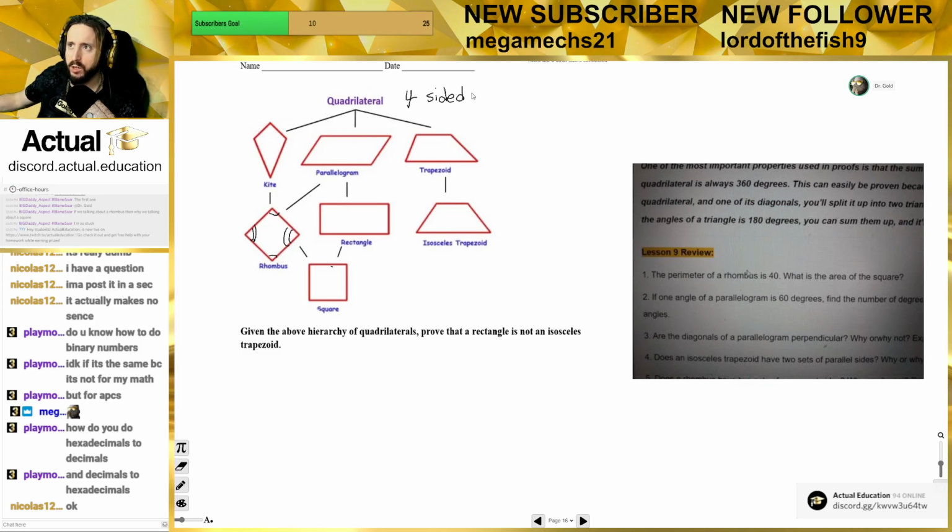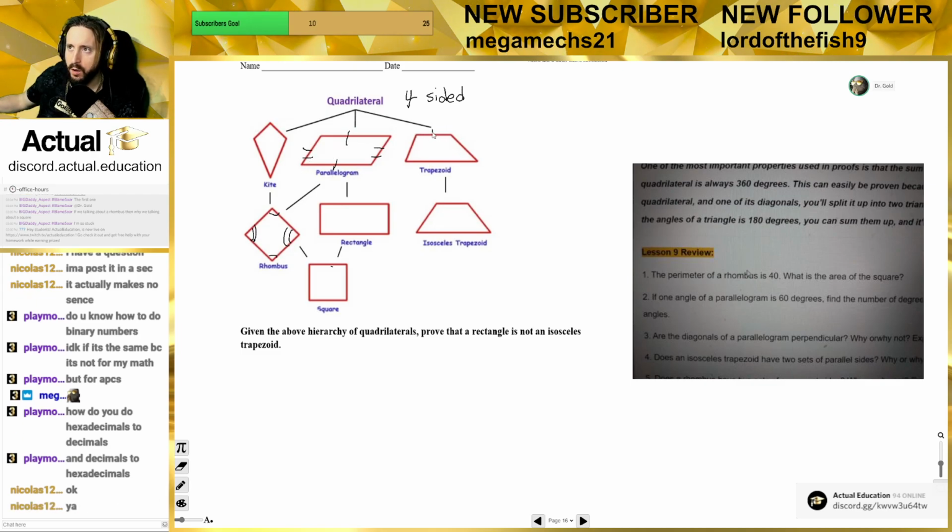In this one, all of the sides are parallel: this pair is parallel to this pair. A trapezoid only has 1 pair of parallel sides. And then a kite, I think, has none parallel. So this is 1 pair parallel, this is 2 pairs parallel.